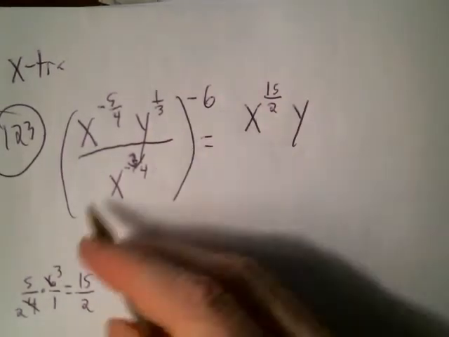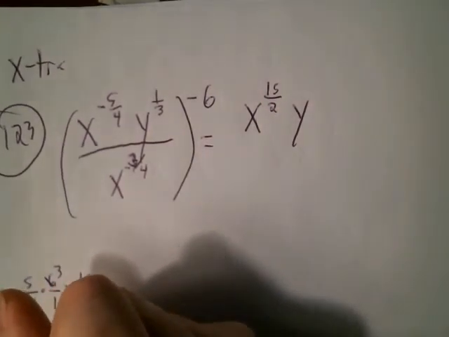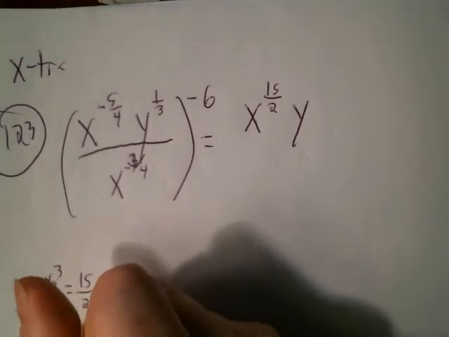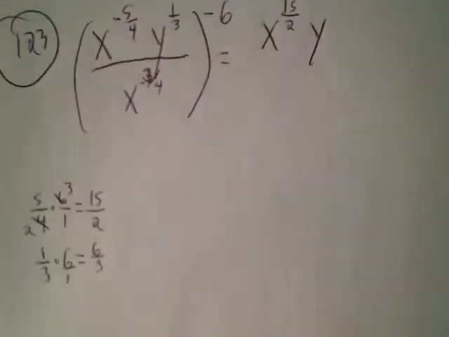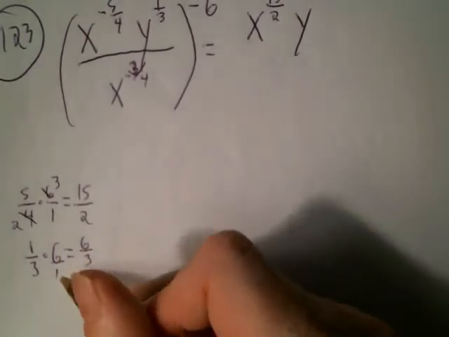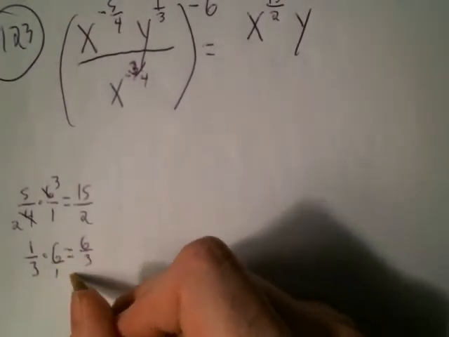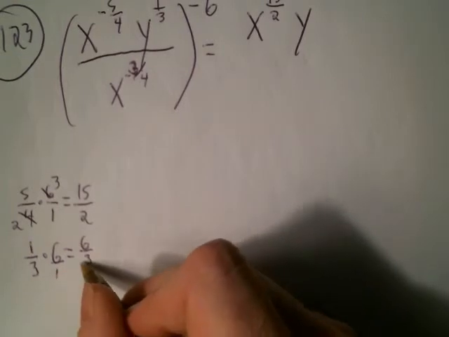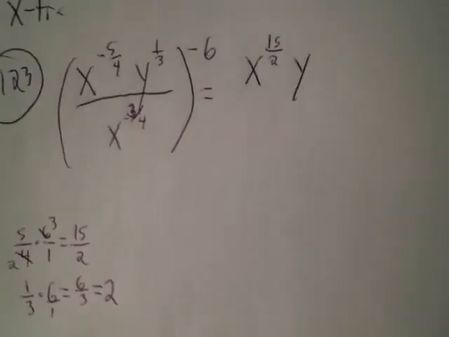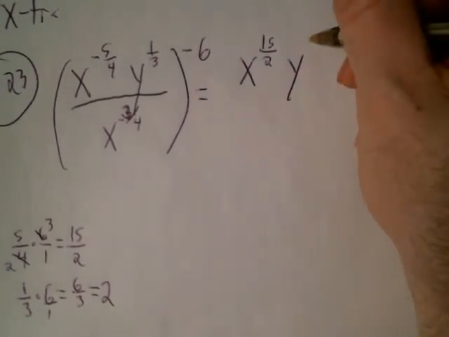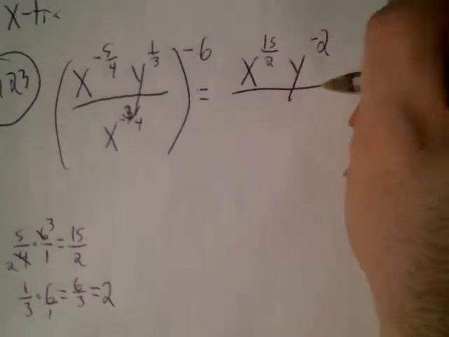Then y to the 1/3 times -6. It'll be negative. 1/3 times 6 is the same as 1/3 times 6 over 1. 1 times 6 is 6, 3 times 1 is 3, and 6 divided by 3 is 2. And it's negative in this case.